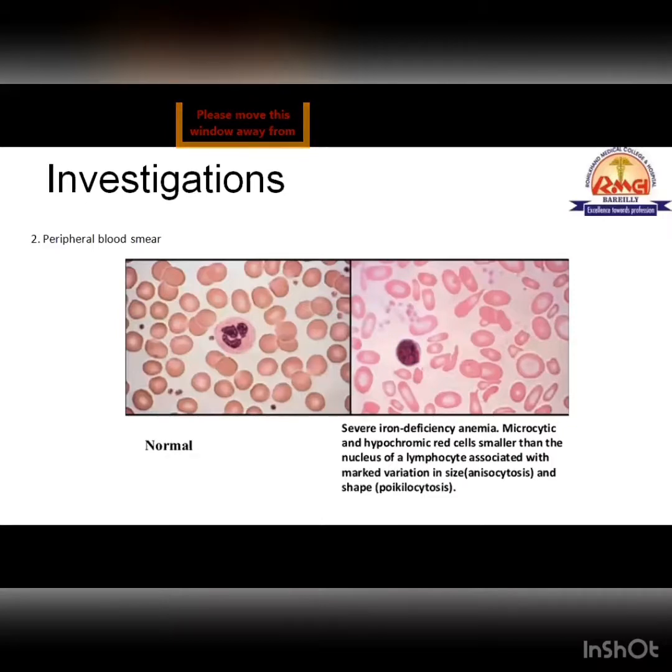The red cell index indicating hypochromia is MCHC. MCH has no value in the classification of anemia. Only MCV and MCHC have. MCHC will decrease in hypochromia.